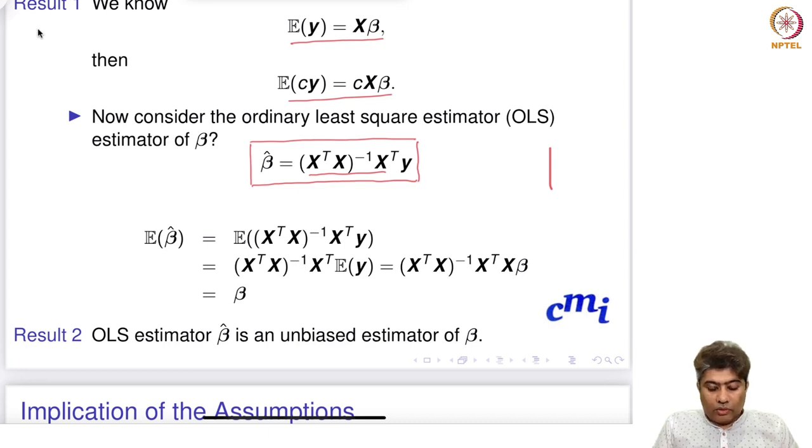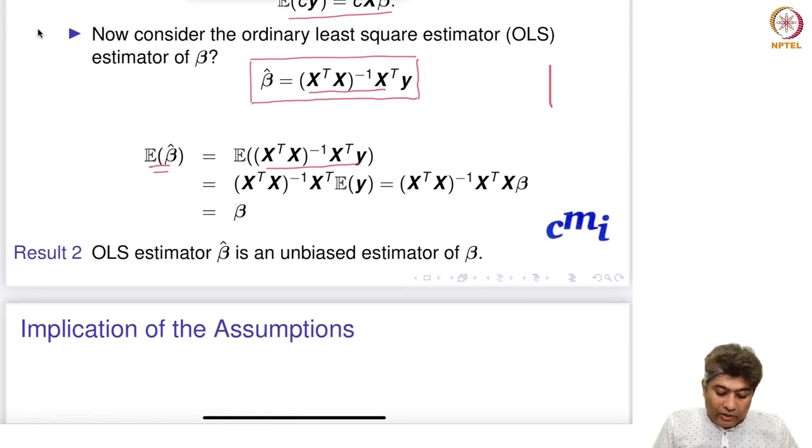It's a response, and then we take expected value of beta hat, and in beta hat we replace the analytic form, x transpose x inverse x transpose y. Then x transpose x inverse x transpose is a constant, so it will come out of the expectation.